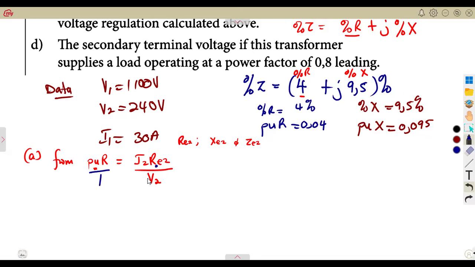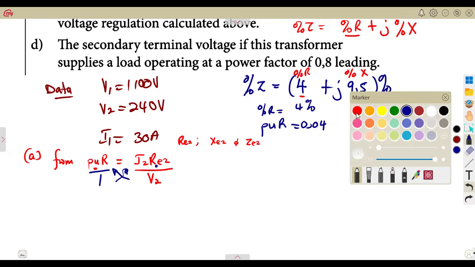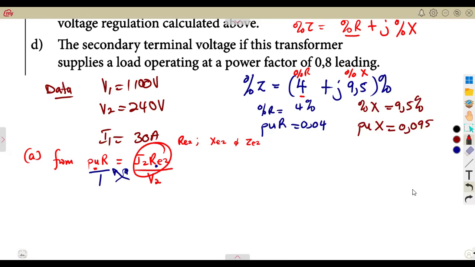This is over 1. So let's make this the subject, cross multiply. We are going to have I2 RE2 equal to per unit resistance times V2. I need RE2, so I'm going to divide by I2 both sides.